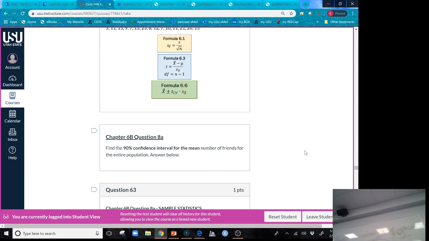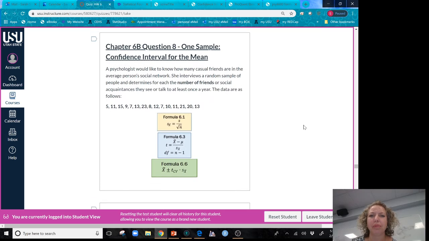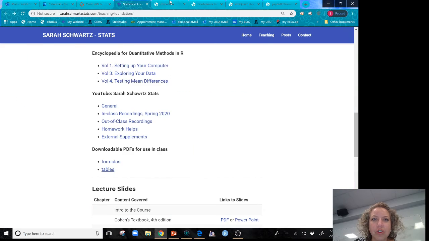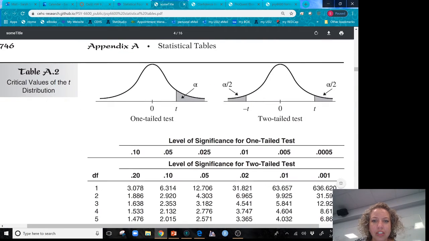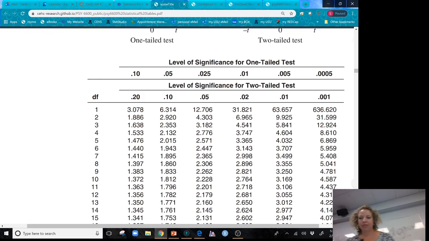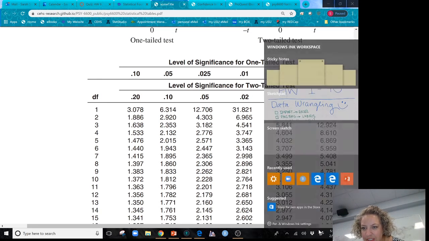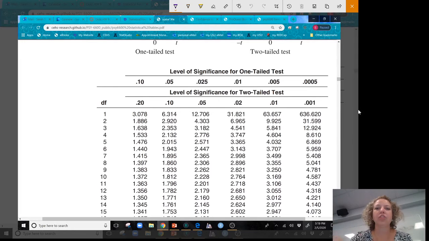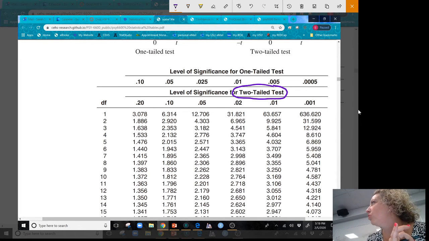So now, how big was our sample? What was our sample size? 15. Okay. So we're going to go to the T table. For a confidence interval, you always do the two-tail.